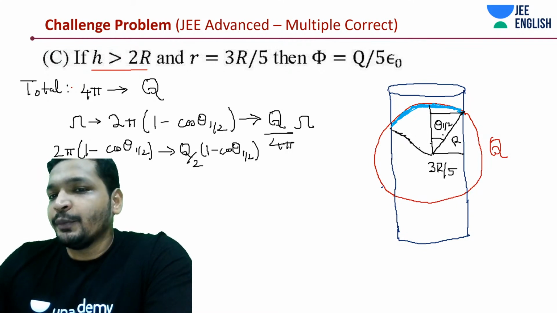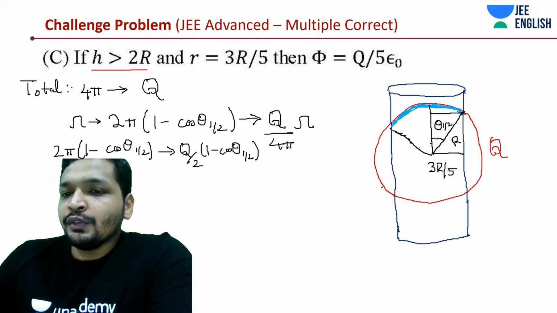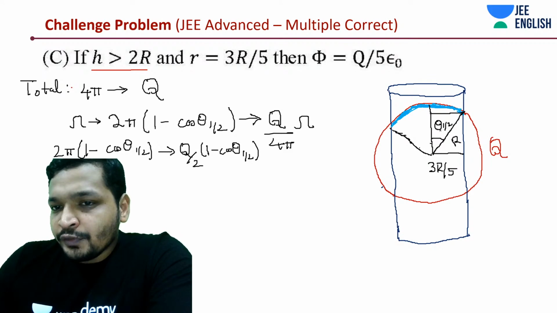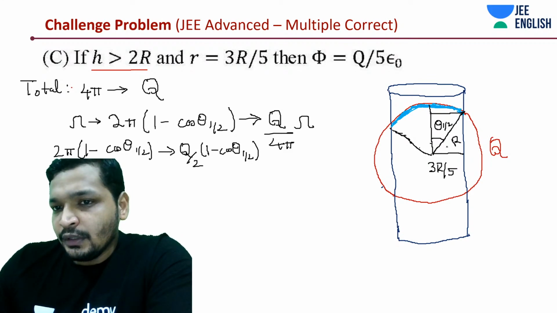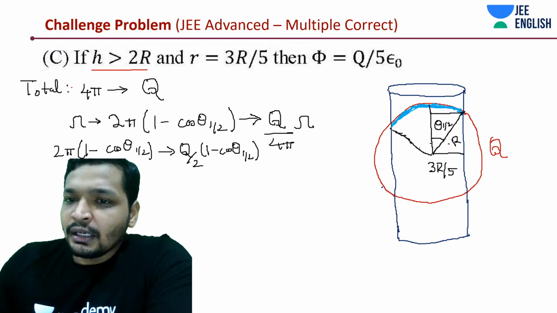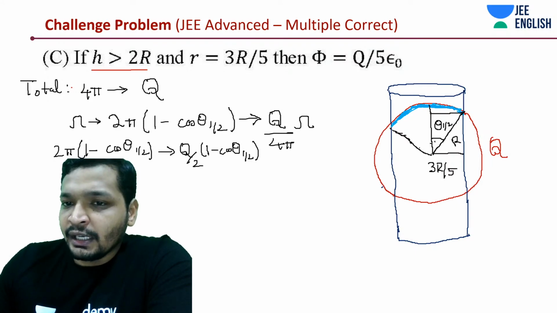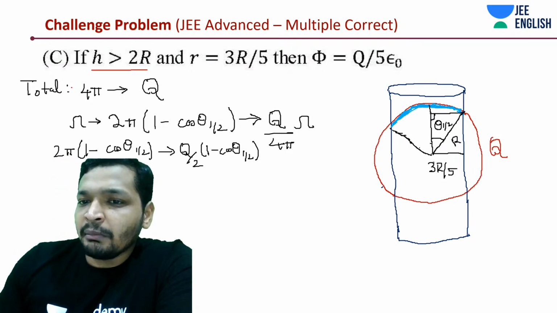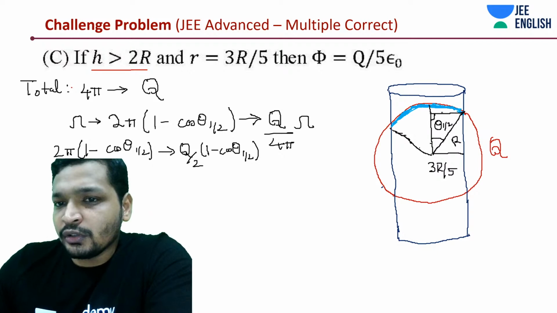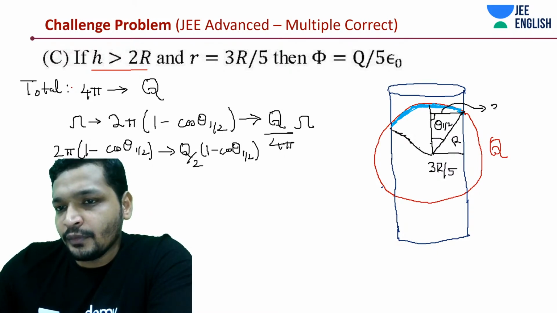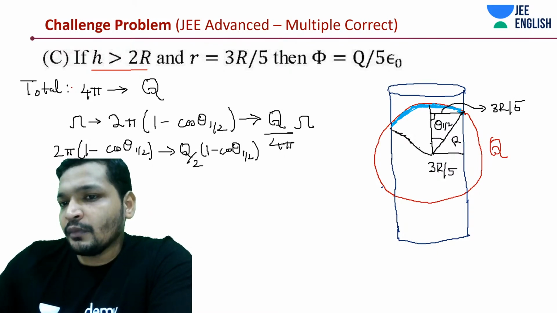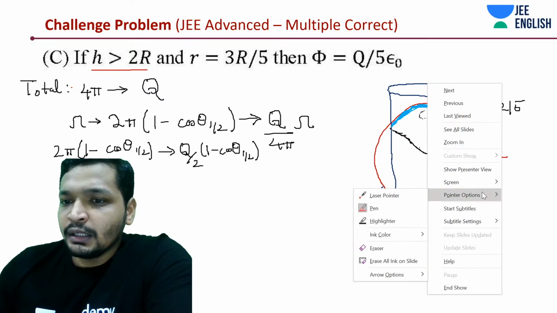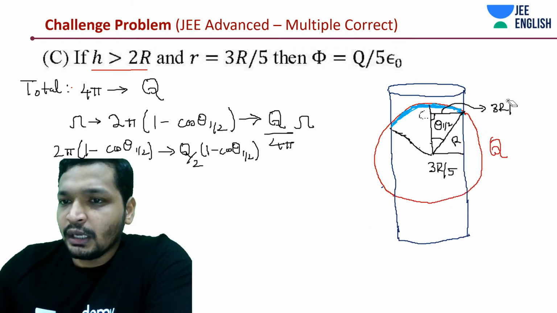This could be done in a few minutes if you understood this concept. So we need to find out cos of this half angle. If I had to find out this side, which is nothing but the square root of r square minus, if this is a right angle, this is also going to be 3r by 5.